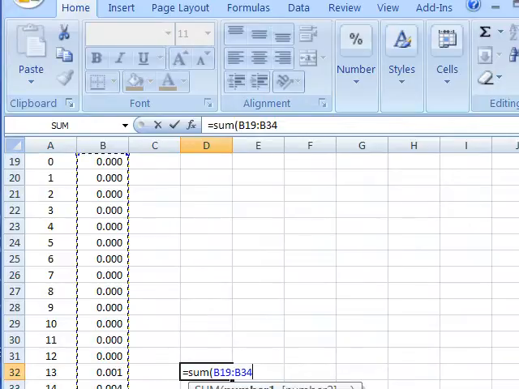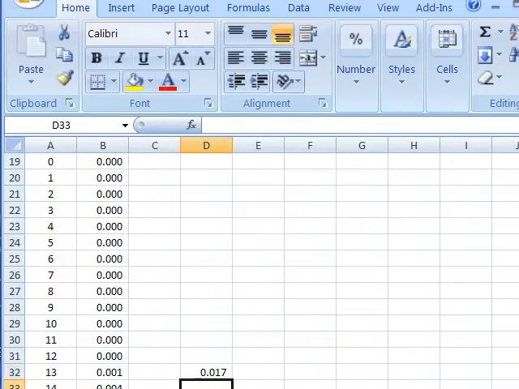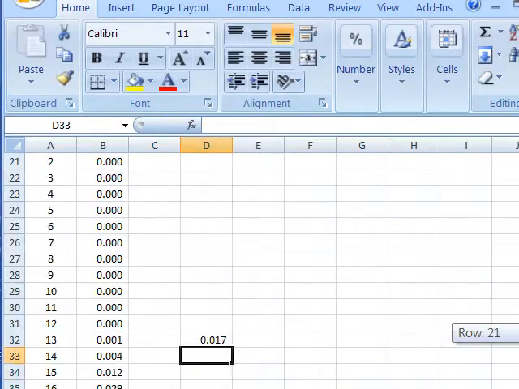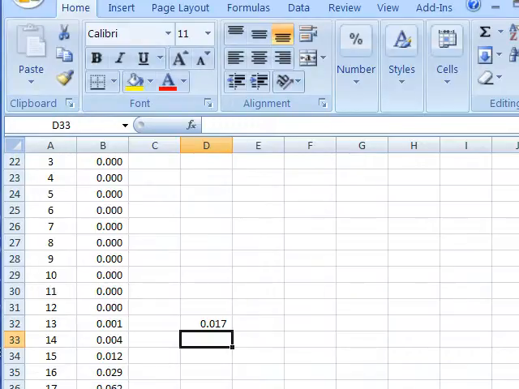It knows what it means. So the probability that 15 or fewer people in the sample of 25 are dissatisfied is 1.7%. That means that there's a 98.3% probability that more than 15 are dissatisfied.